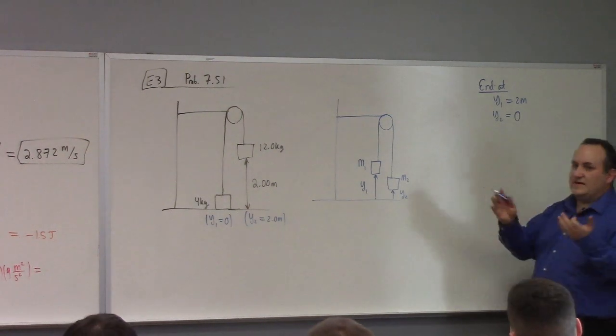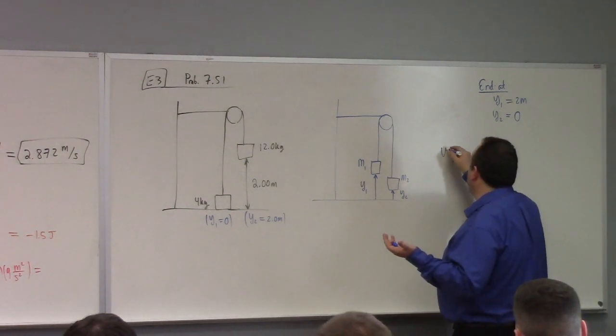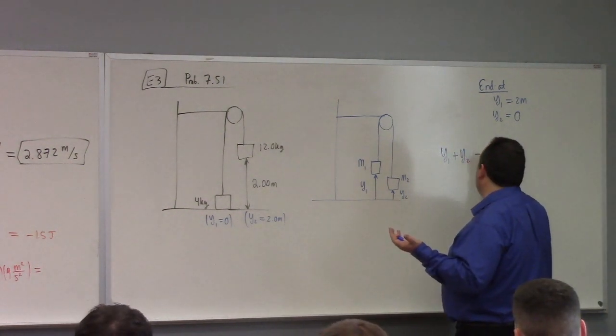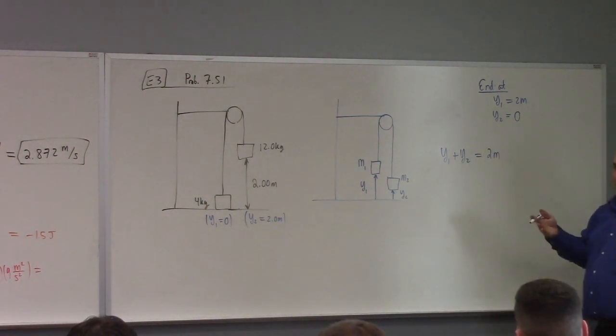What is the case at every step in between? That's right. y1 plus y2 has to be equal to 2 meters. What that expresses is that the rope does not stretch.